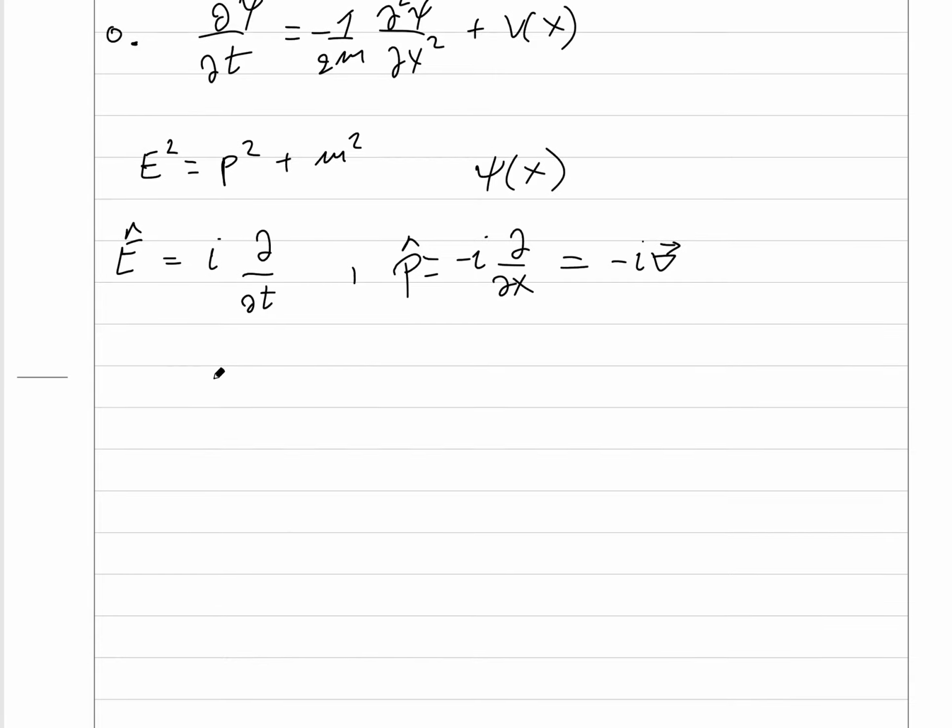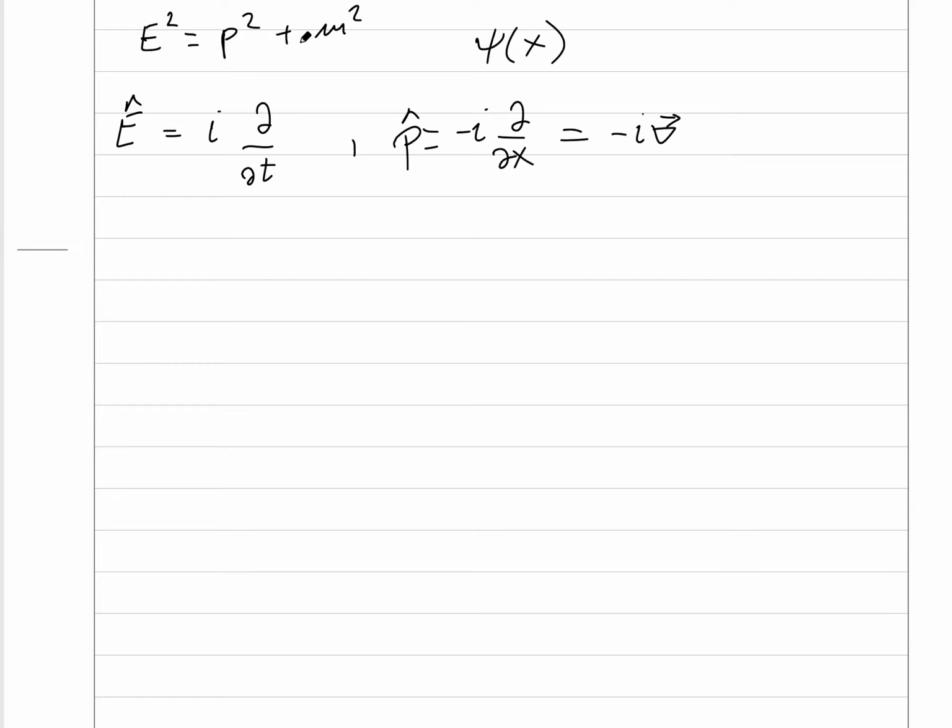So now let's continue to apply this energy equation to this function here, and then we find that E squared times psi equals p squared psi plus m squared psi.